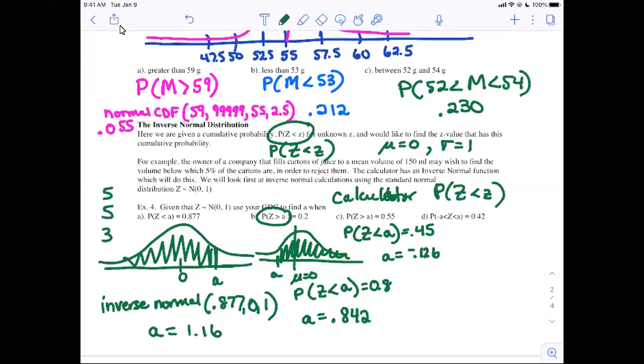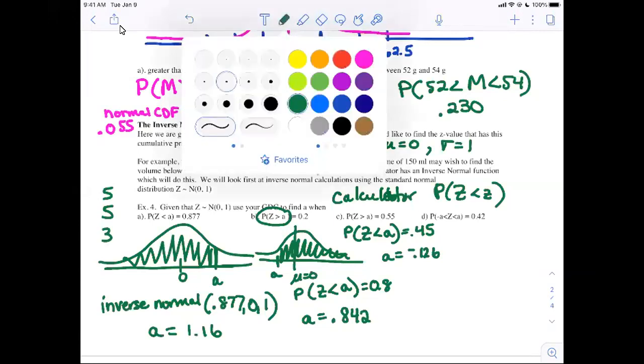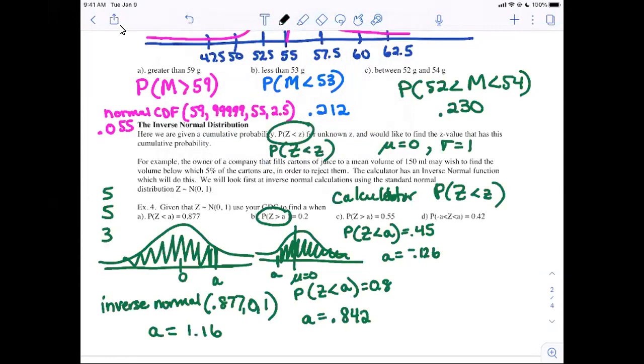Okay, now for part D, this one's a little bit confusing, and I think once I explain it, you'll be like, oh yeah, now I can do that. So what I have here is that the probability between negative A and A is 0.42.